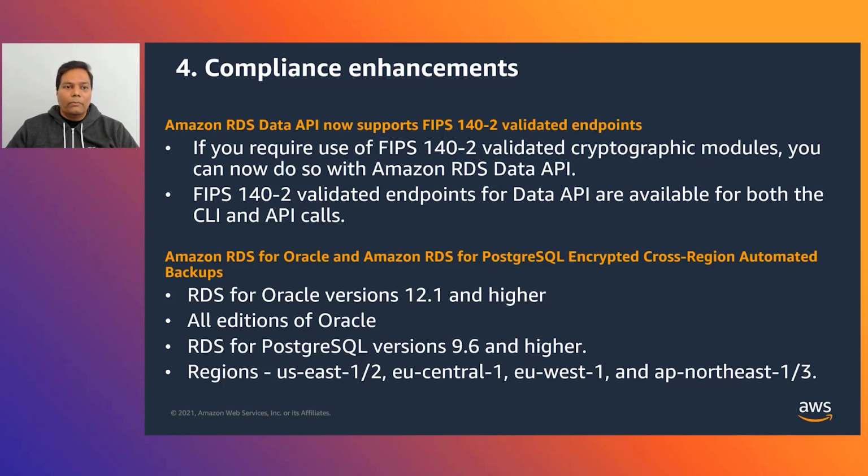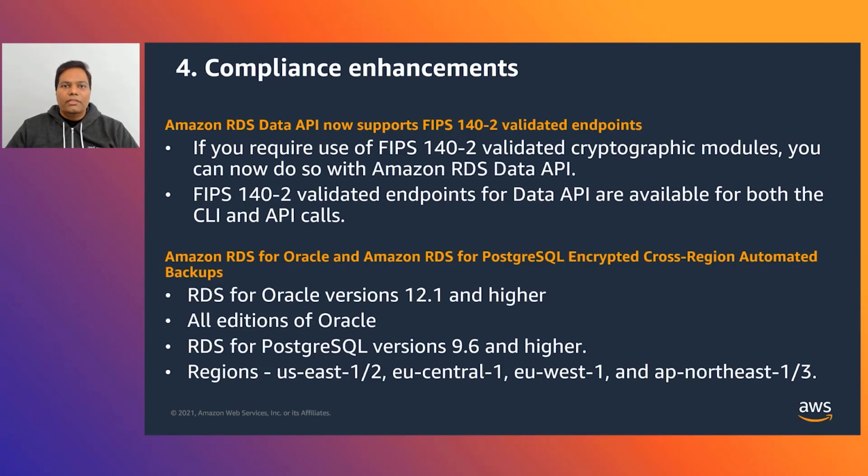We also announced support for encrypted cross-region automated backups. This support is now added to Oracle RDS and PostgreSQL RDS. For Oracle, the support is added to version 12.1 and higher for all editions of Oracle. For PostgreSQL, the support is added from version 9.6 and higher.